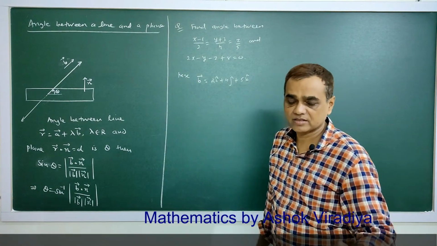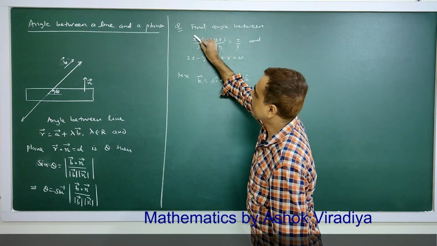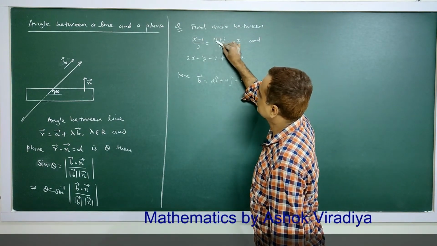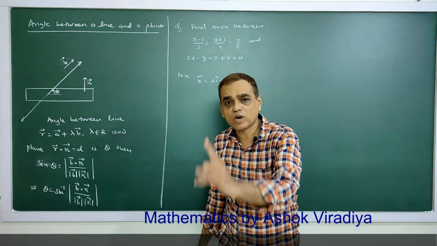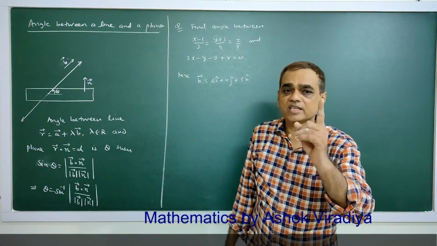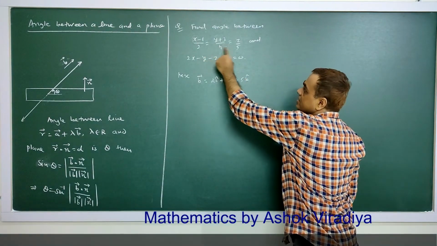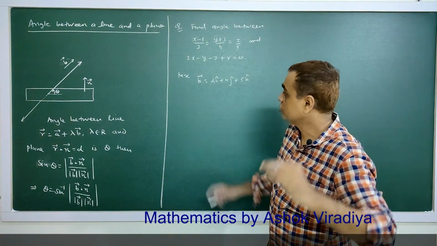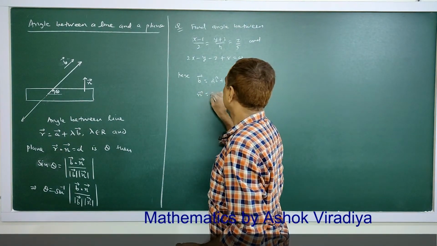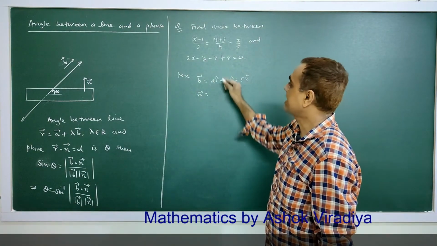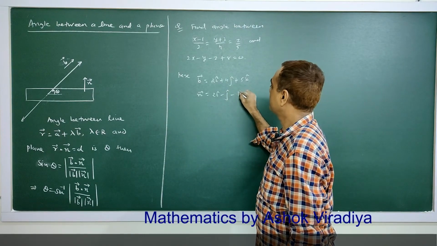Always keep remember, before taking vector B, every time you should check these variables. Here coefficients of x, y, z must be 1, 1, 1 in each. If it is 1, 1, 1, then these numbers are direction ratios of vector B. And vector n is, that is coefficients of x, y, z. So 2i minus 1j minus 1k.